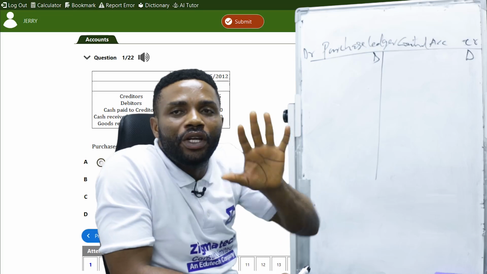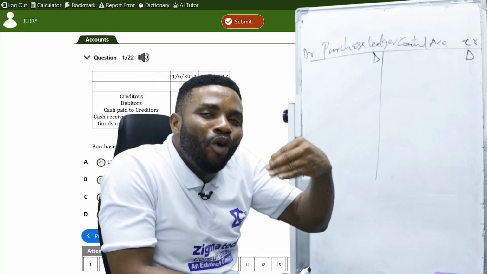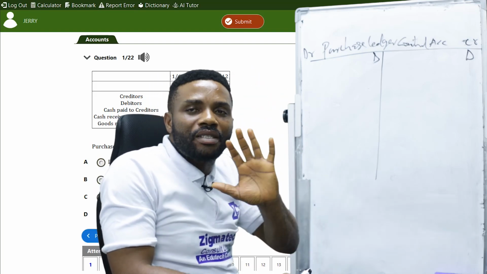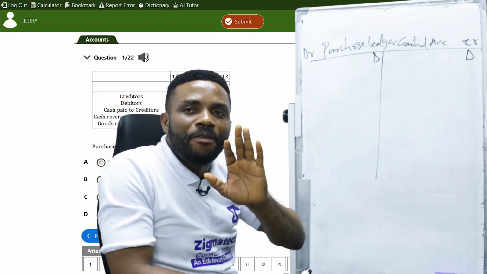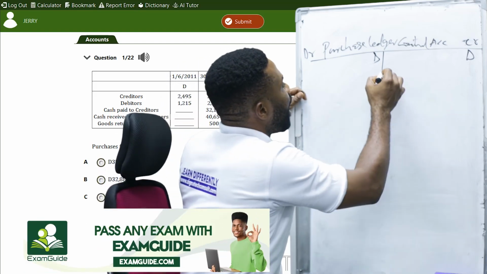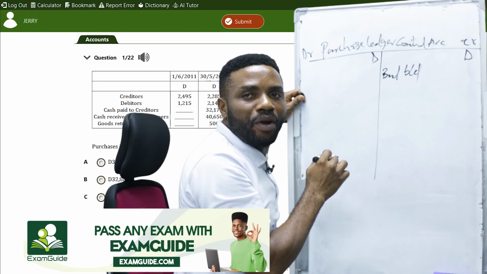Debtors are the people owing us. We are concerned about the people we are owing, which are our creditors. So the amount you have at the beginning of the year, which is 1st of June 2011, will come here as your balance brought down.